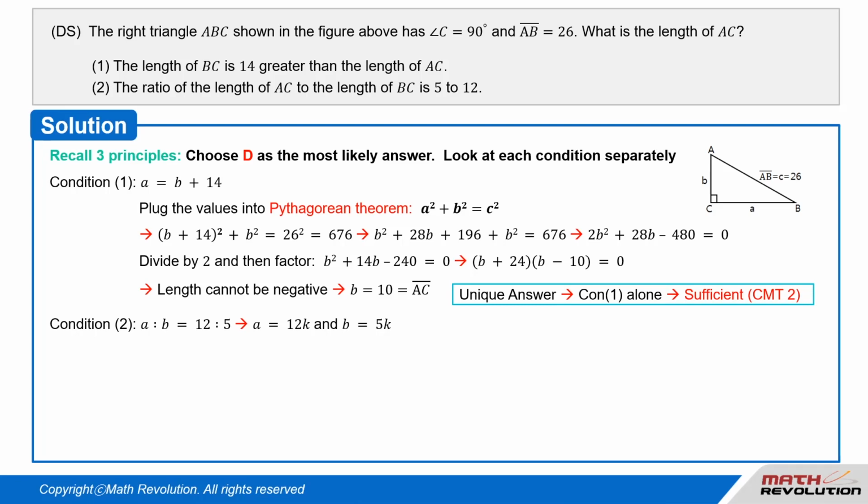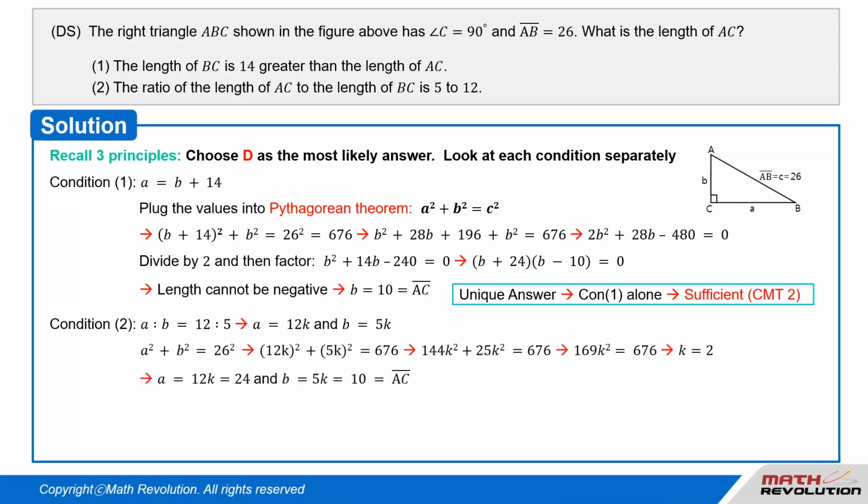This can be written as A equals 12 times K and B equals 5 times K. If we substitute values into A squared plus B squared equals 26 squared, then we get (12 times K) squared plus (5 times K) squared equals 676, or 144 times K squared plus 25 times K squared equals 676, or 169 times K squared equals 676.